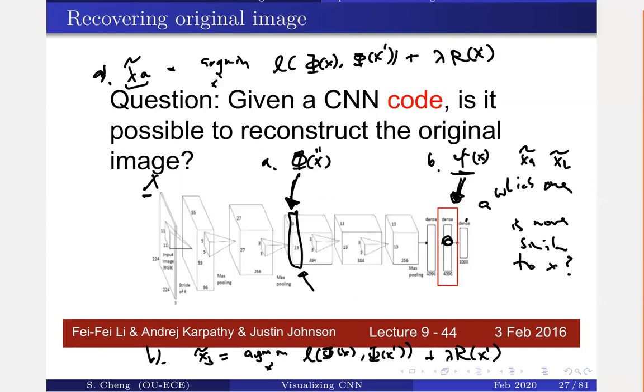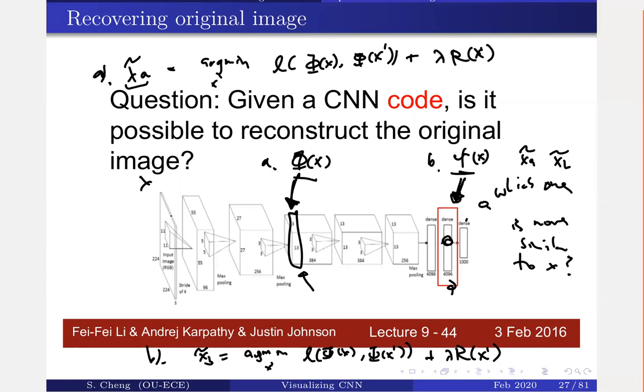Okay, this slide is okay. So we start with some image X here, and I pass forward. At this layer I have phi x, the coefficient at this layer, and at this layer I have psi x, the coefficient at this layer.